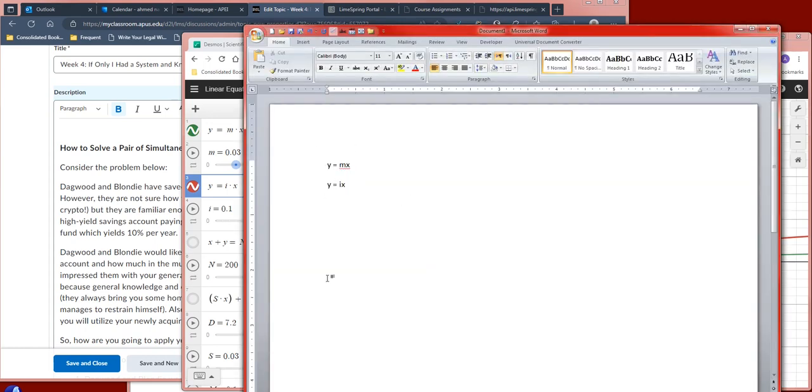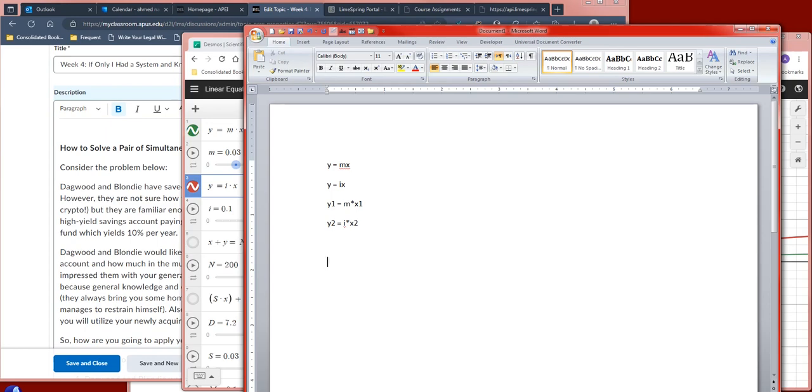I could write this as Y1 equals M, using the multiplication operator, times X1, to represent the amount deposited into account 1, and Y2 equals I, which we were using for the interest rate on the other one, times X2 for the amount deposited on the second account.